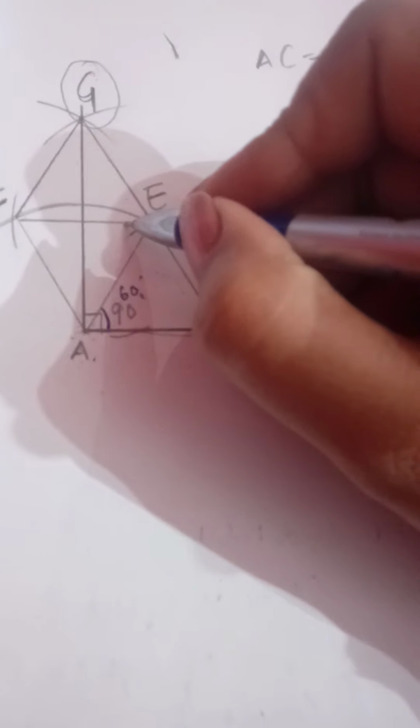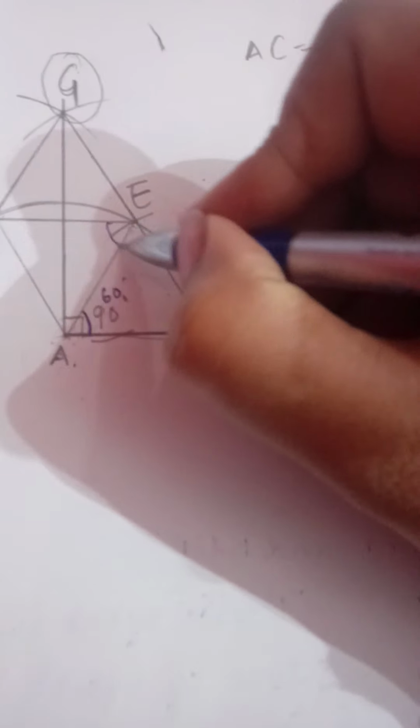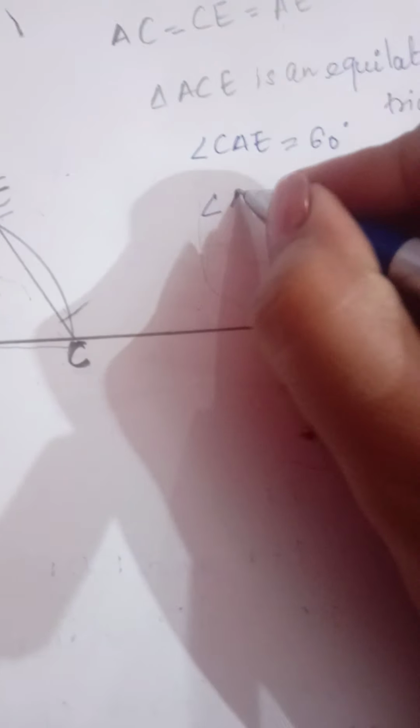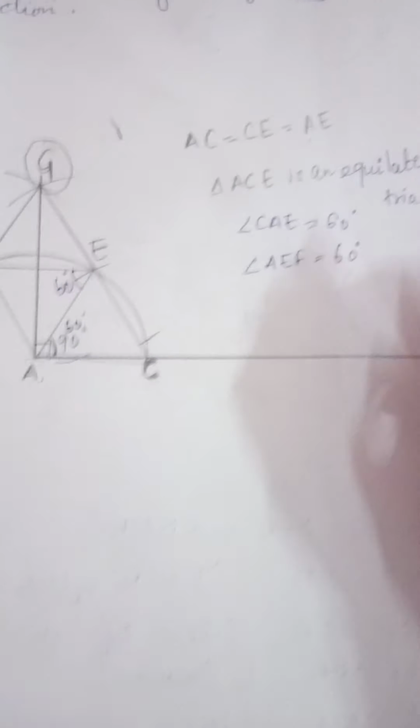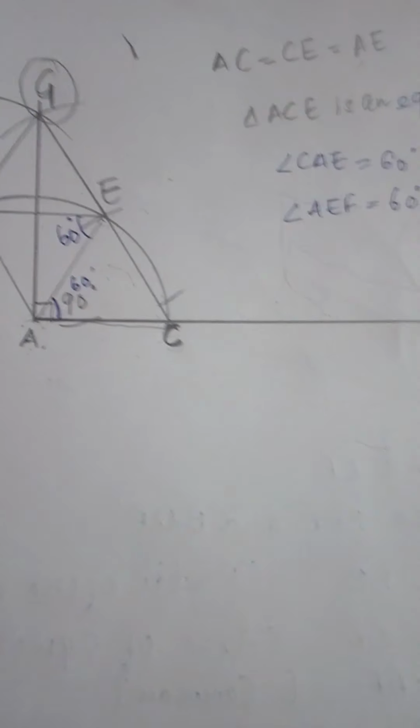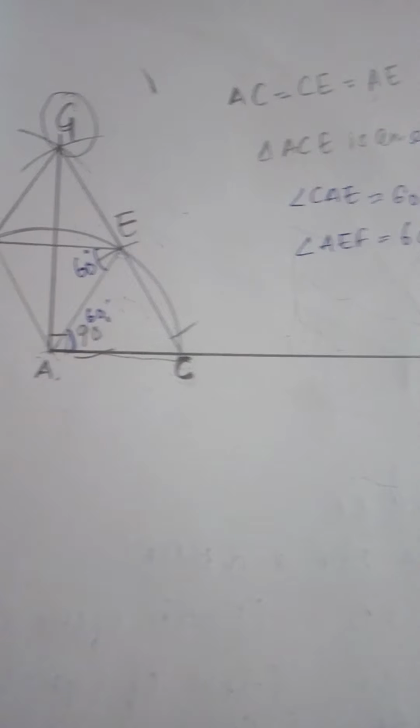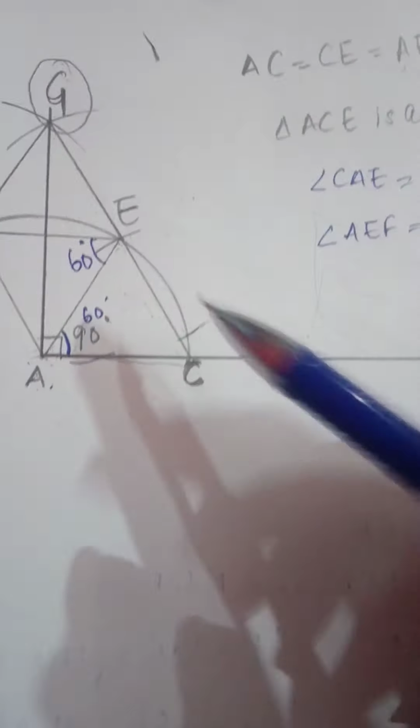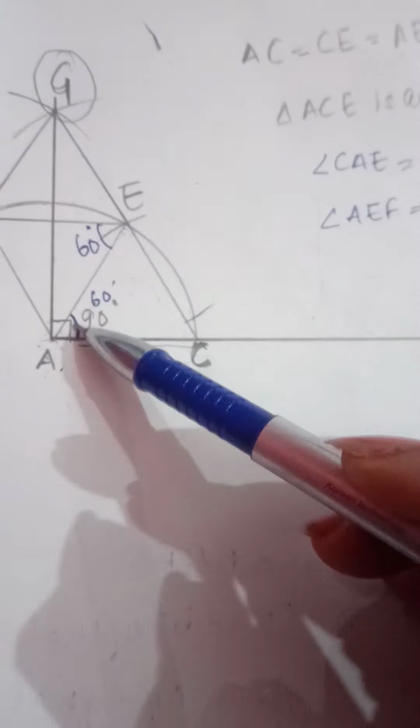So angle AEF is also 60 degrees. In the chapter on angles, we studied that if alternate angles are equal, the two lines are parallel.